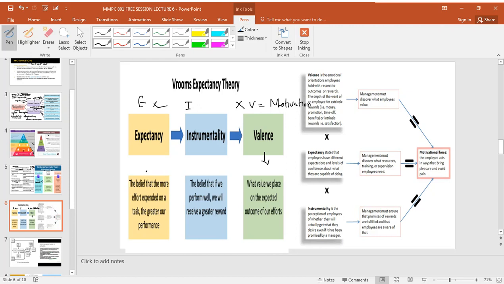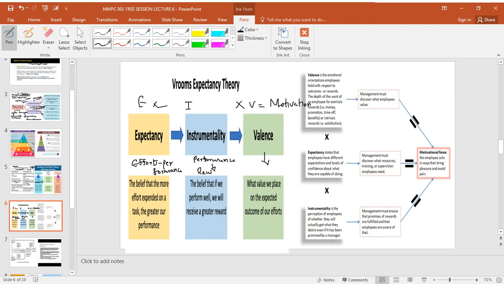So expectancy means effort and performance. If I am putting in this much effort, that will improve my performance. So that is coming under expectancy, right? Instrumentality means if I am performing this much, then it will lead to the reward. So it is dealing with the relationship between performance and reward.